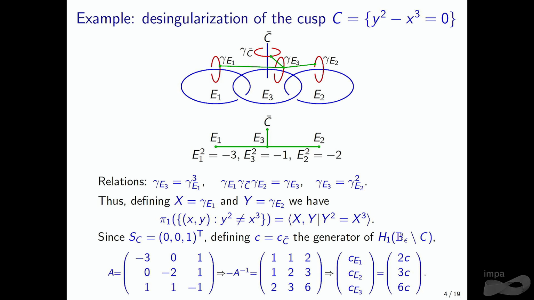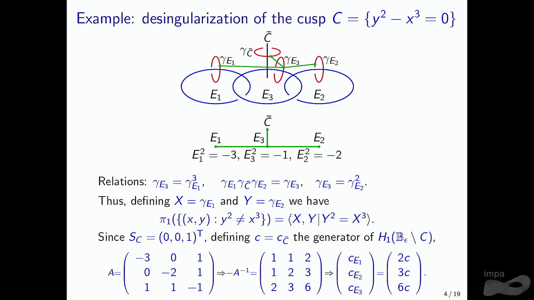In this case, we have the vector SC is 0, 0, 1 because the strict transform of the cusp only meets the component E3. And the generator of the H1 is C, and we can express using the presentation that the cycles around E1, E2, E3 are given by 2C, 3C, and 6C.